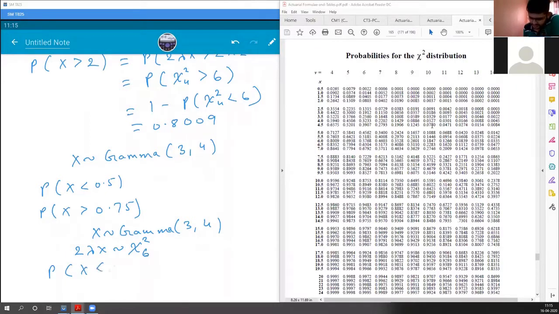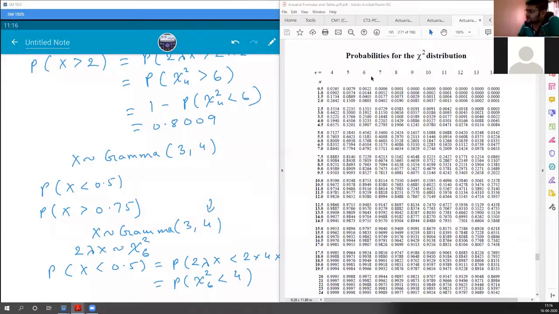Probability x less than 0.5 becomes 2 lambda x less than, lambda is 4, so 8 into 0.5 will give you 4, and becomes probability chi square 6 less than 4.